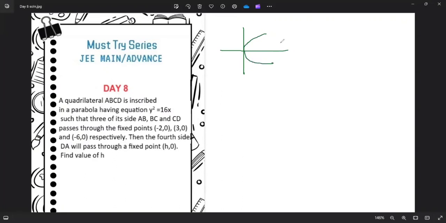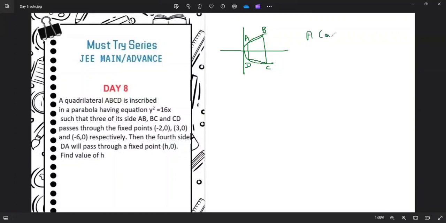For this type of parabola, y squared equals 4ax, if you are inscribing a quadrilateral ABCD, every point can be taken in the parametric form.